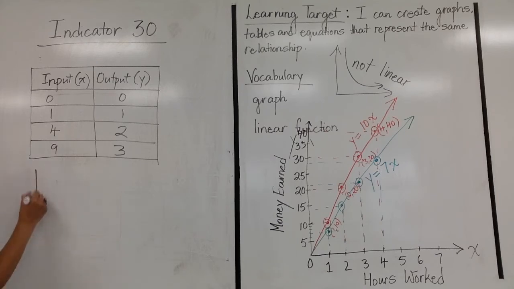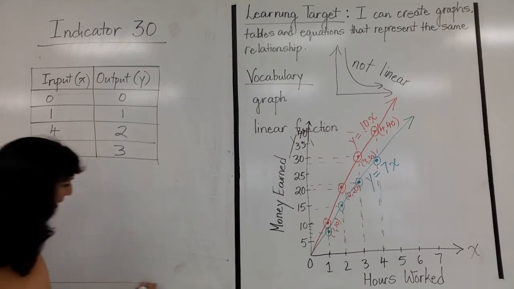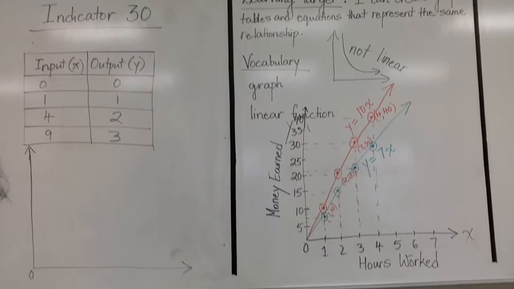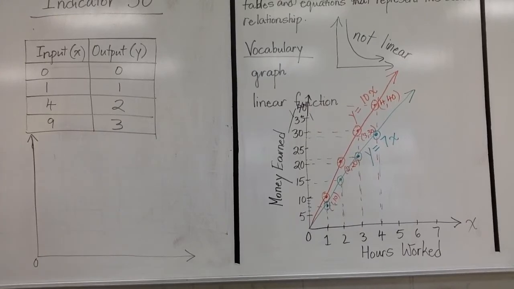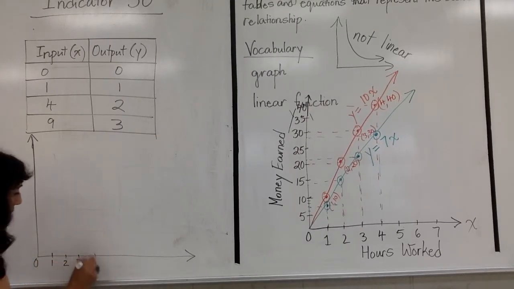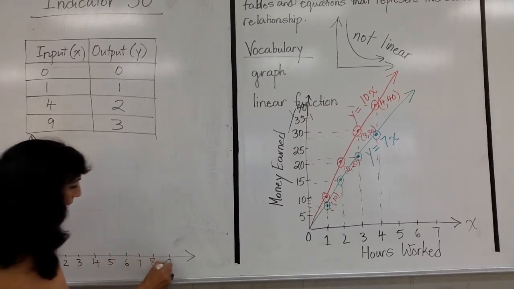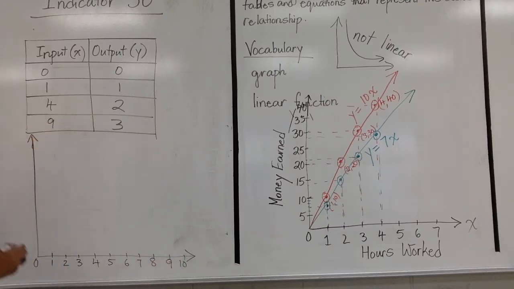So we are just going to go ahead and graph this. And this is 0. Let me pull this down so you can see. And then I have 1, 2, 3, 4, 5, 6, 7, 8, 9, 10.